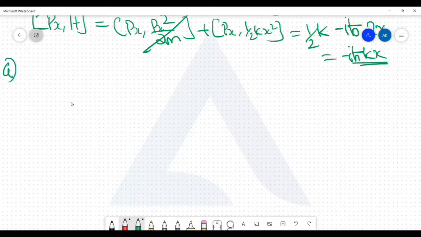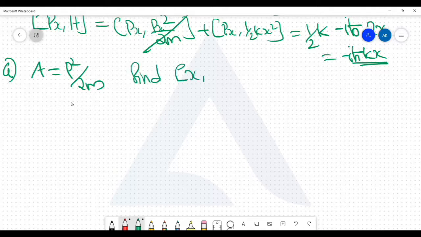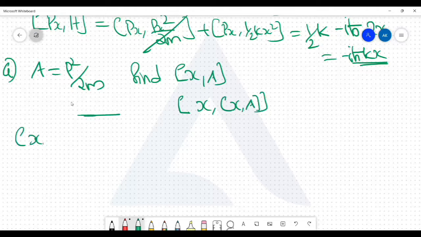Let A equal to p² by 2m. Then find [x, A] and [x, [x, A]]. First, let me find [x, A]. That is [x, p²/2m].